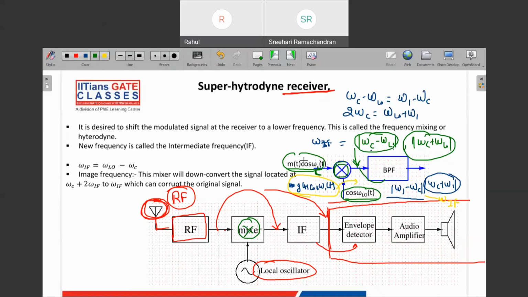Out of these two signals, one is the signal that we want to receive, but the other signal we don't intend to receive. But there is no way we can remove that signal, because it will also pass through this mixer without any attenuation or rejection. So one of them is wanted, and one of them is unwanted. The unwanted signal we call an image frequency or image signal.